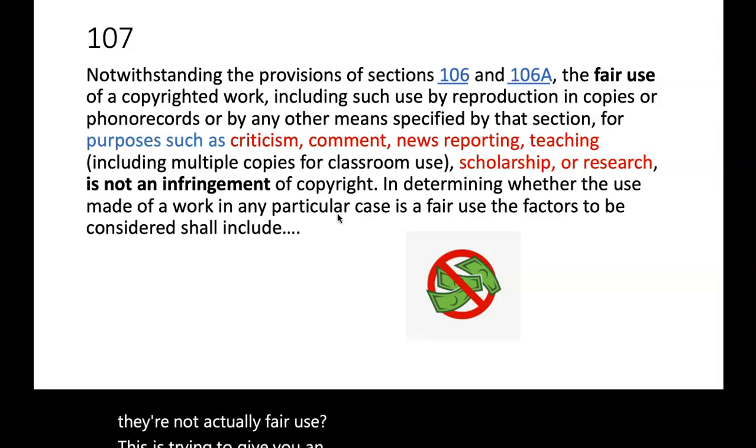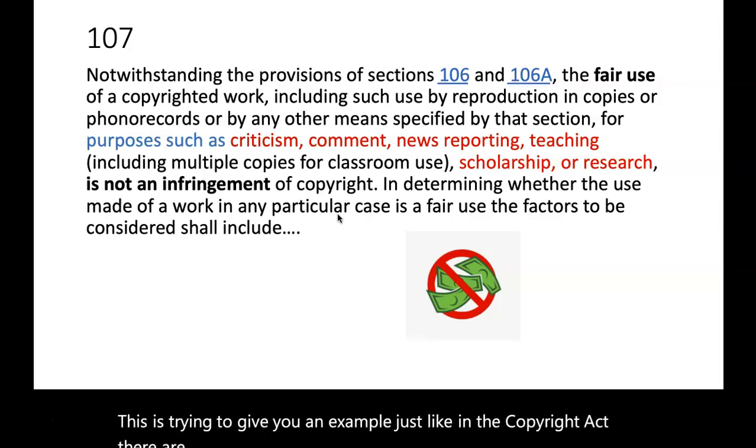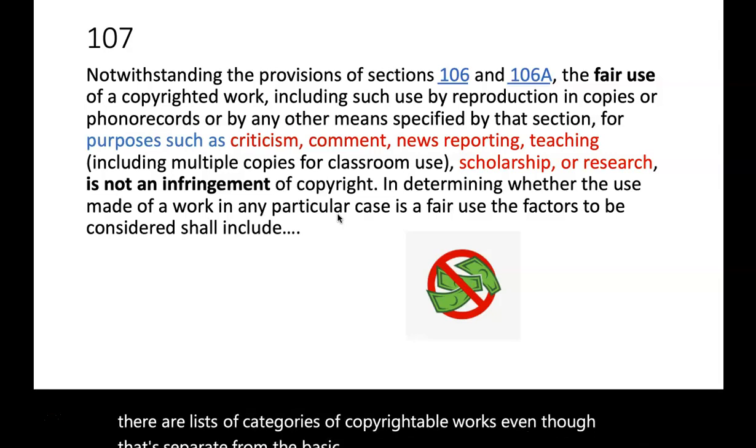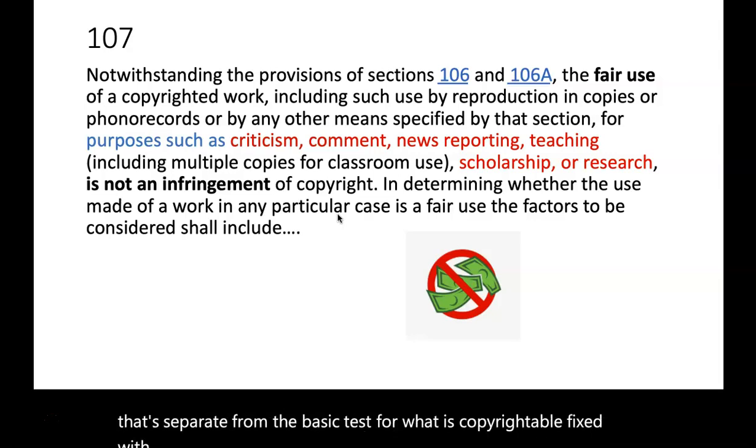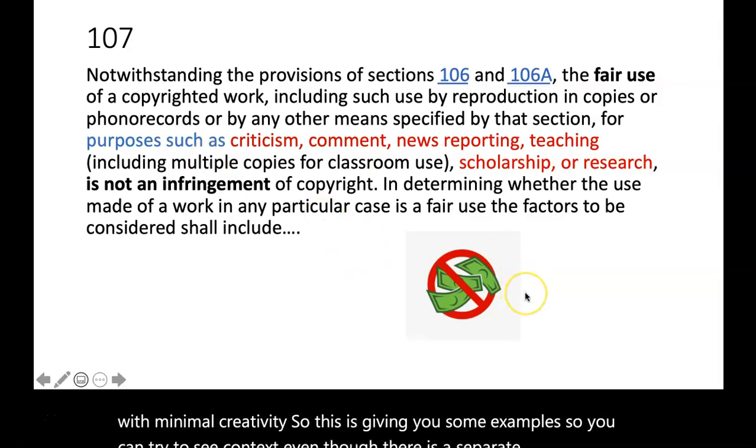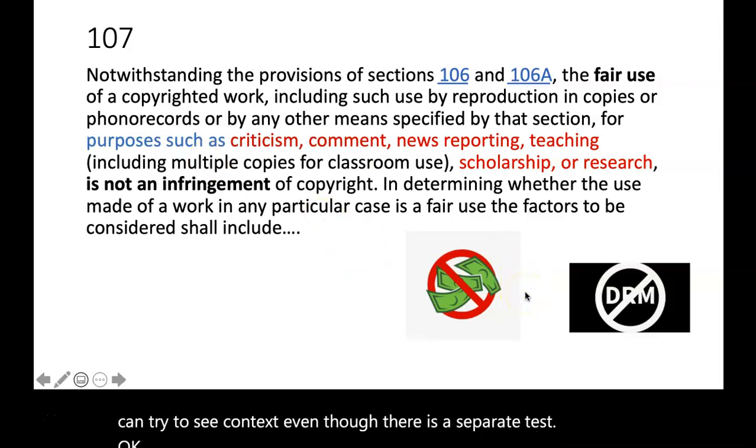Just like in the Copyright Act, there are lists of categories of copyrightable works, even though that's separate from the basic test for what is copyrightable, fixed with minimal creativity. So this is giving you some examples so you can try to see context even though there is a separate test.